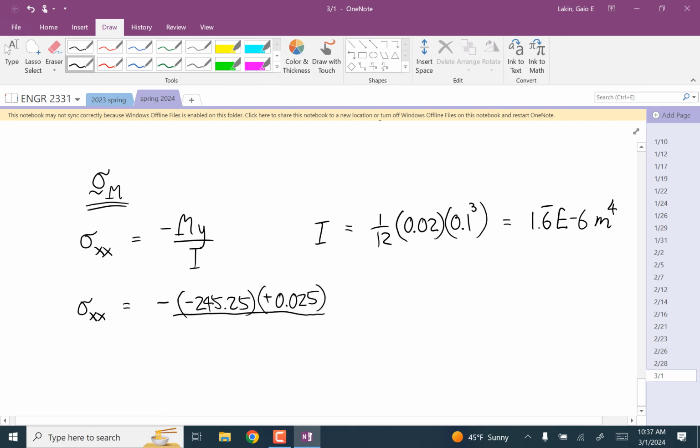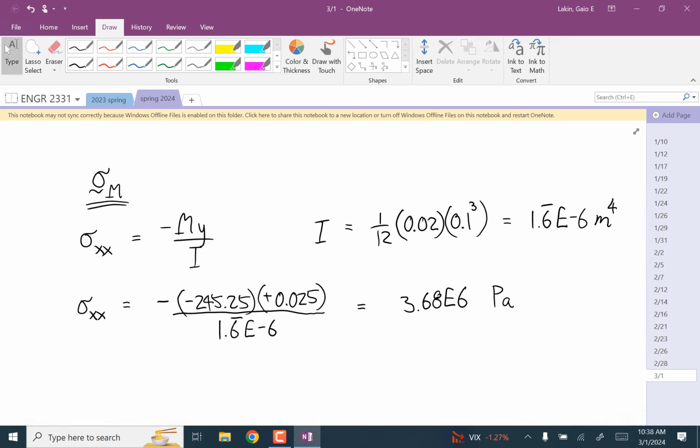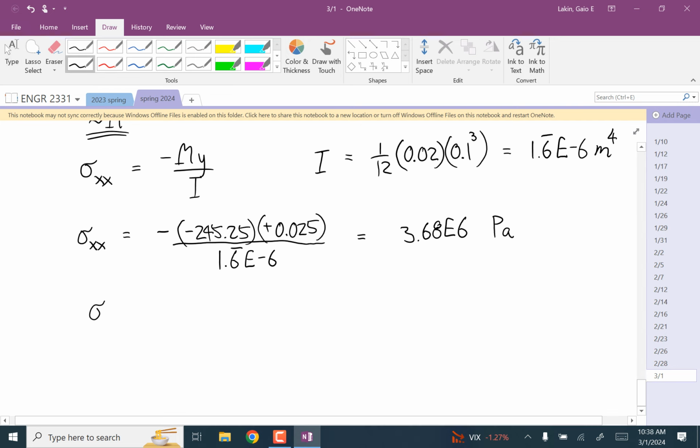Then we divide by 1.6 repeating times 10 to the minus 6, and you get 3.68 times 10 to the 6. And so the stress tensor due to bending is 3.68 times 10 to the 6, 0, 0.